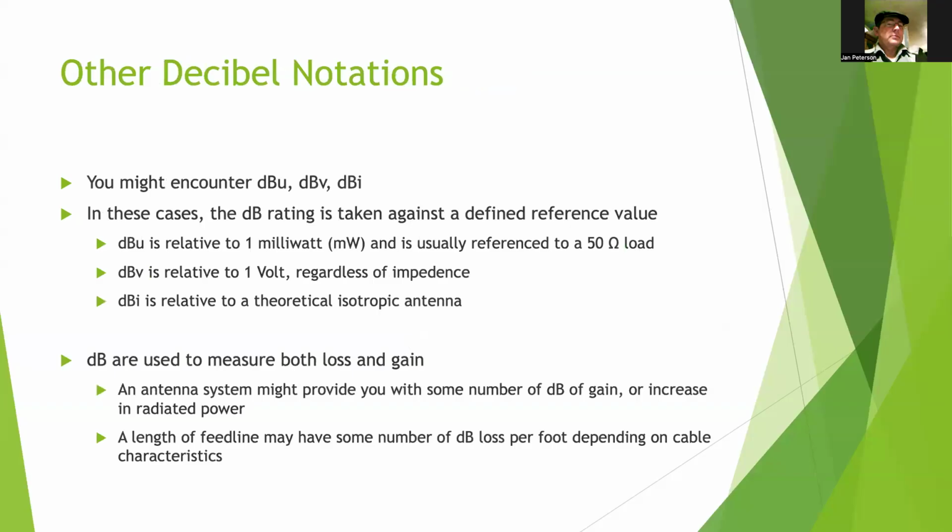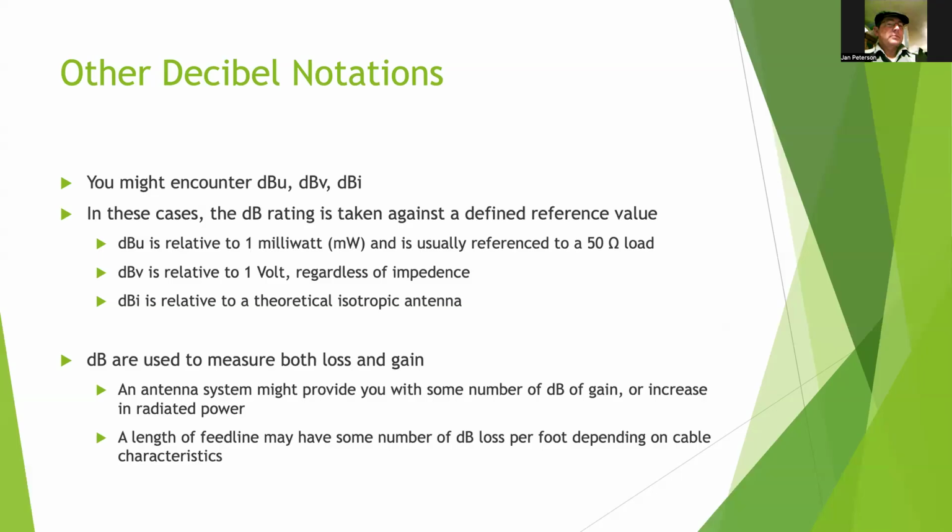You'll hear other notations with decibels. You might hear of dBUs, dBVs, or dBIs. We use those in different contexts. A dBU is when you have this extra letter on, it's taken against a defined reference value. So instead of being the input power, it's a fixed value.